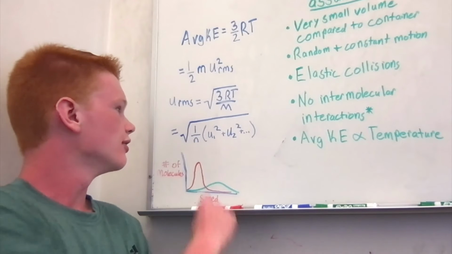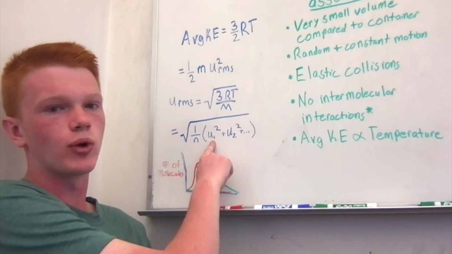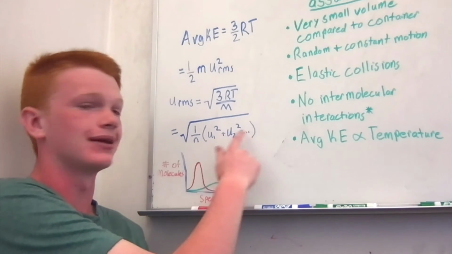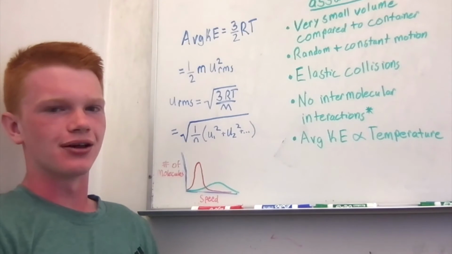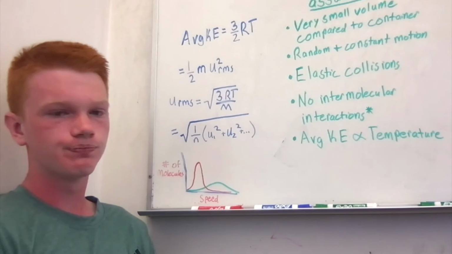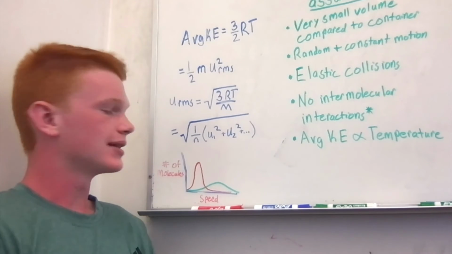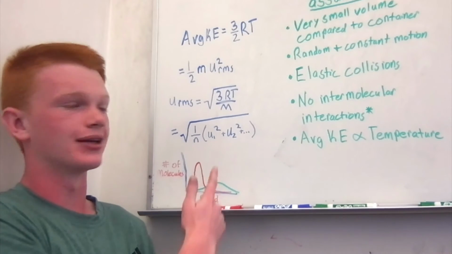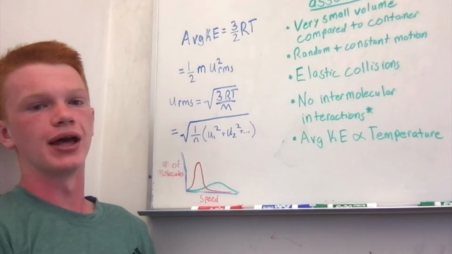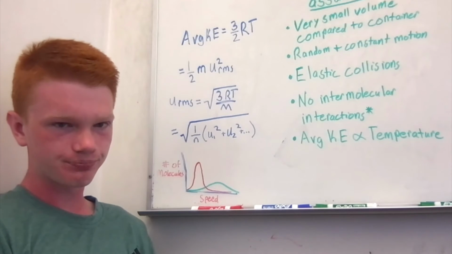So you get the velocity of one gas molecule, square it, add it to the square of another gas molecule, and keep adding it until you have all of the molecules of gas accounted for. And then you take the average of the squares by dividing it by the number of gas molecules, and then you take the square root of that. That's the root mean square speed.